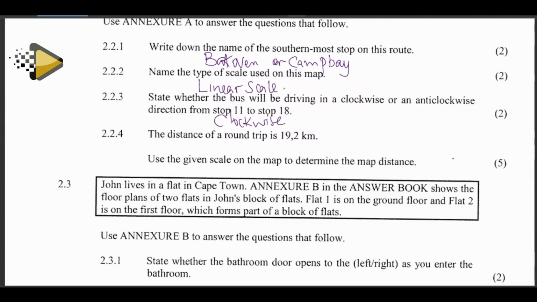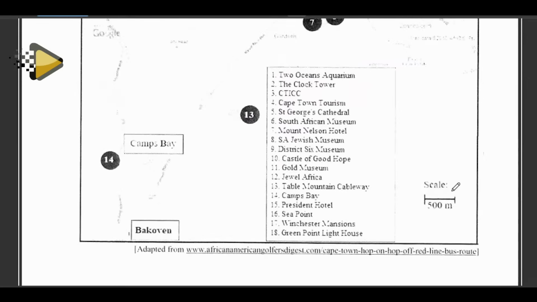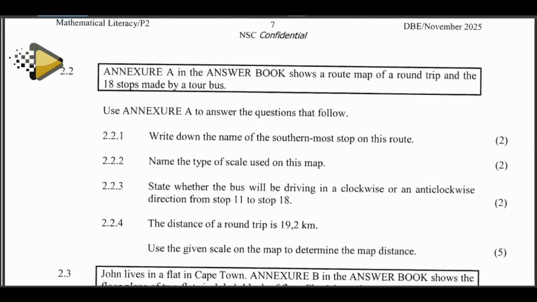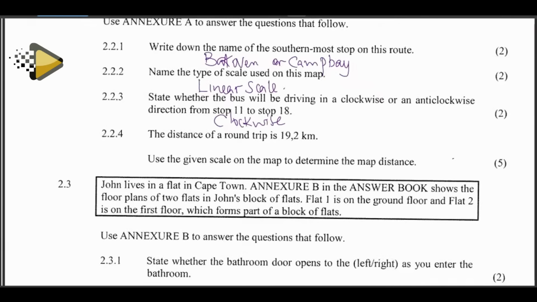When you measure the scale that we have here on the map, this one here, I got 12 millimeters, which is 1.2 centimeters. So meaning on that scale, my 12 millimeters are equivalent to 500 meters.